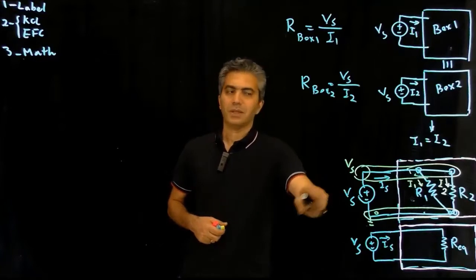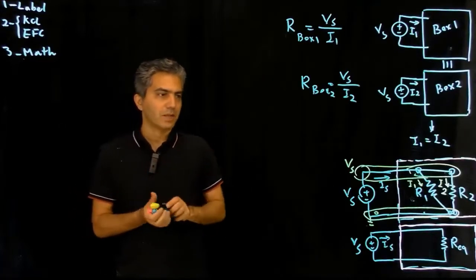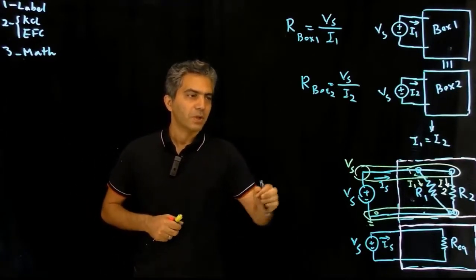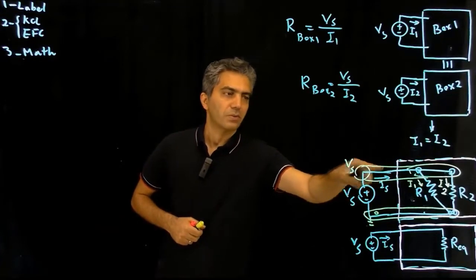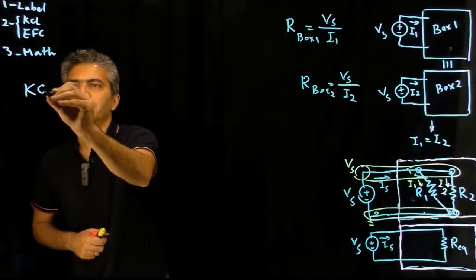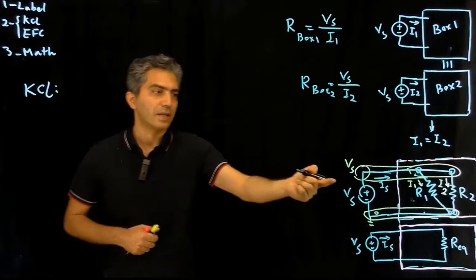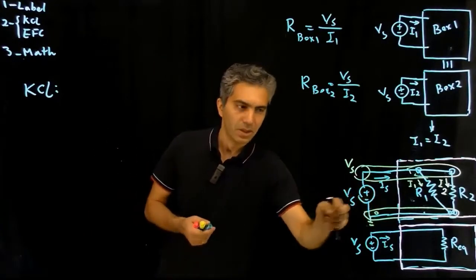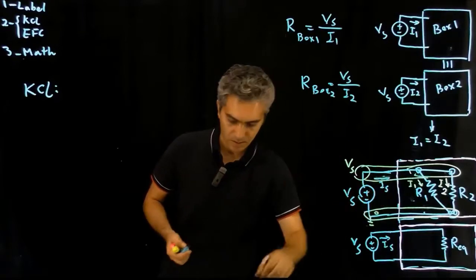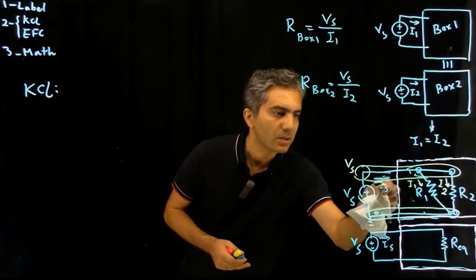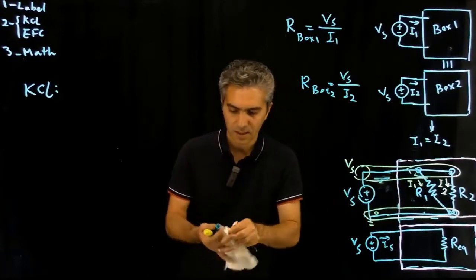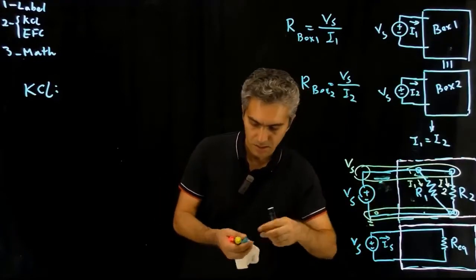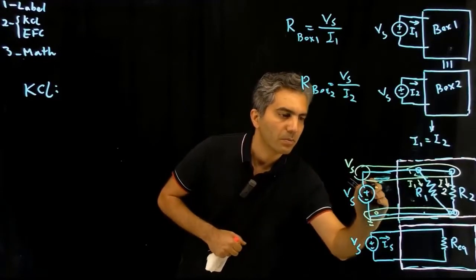Okay, so with that in mind, I'm going to move on to the next step, which is writing KCL. I have two nodes I can write KCL for, but I don't have to write it for that one. By the way, let's be consistent: move Is where it belongs on the component.